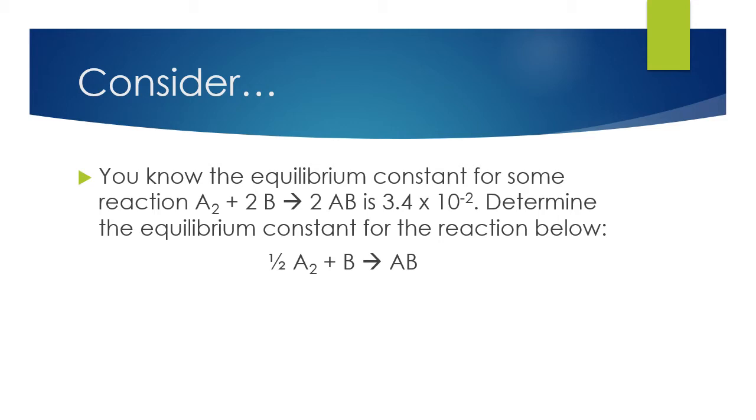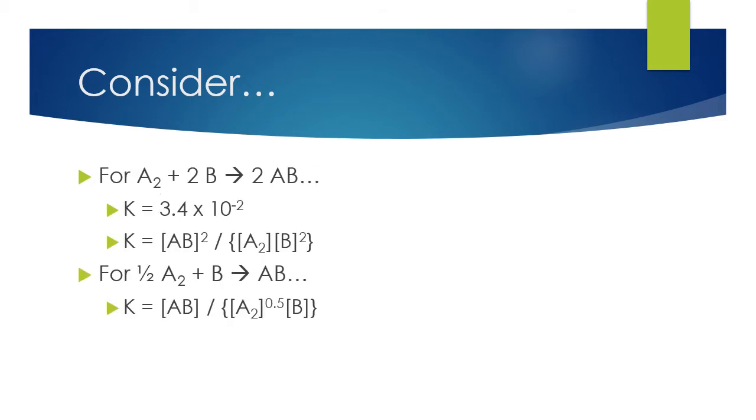Let's write the expressions for the equilibrium constants for both reactions. So for the first one we were given, where we happen to know what the equilibrium constant is, the expression for the equilibrium constant would be concentration of AB squared all over concentration of A2 times concentration of B squared.